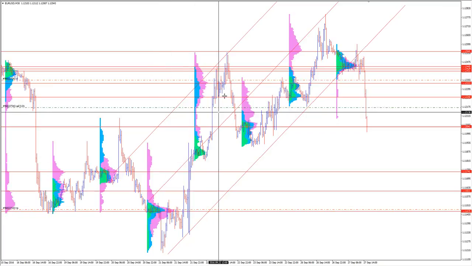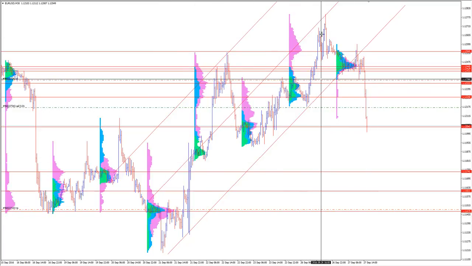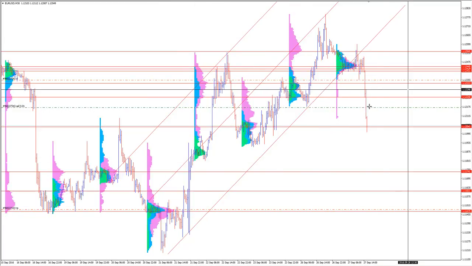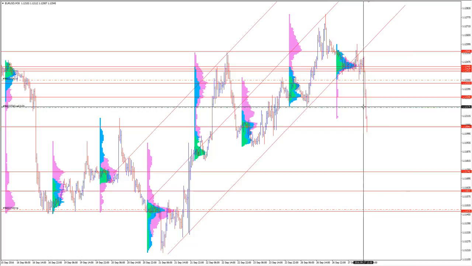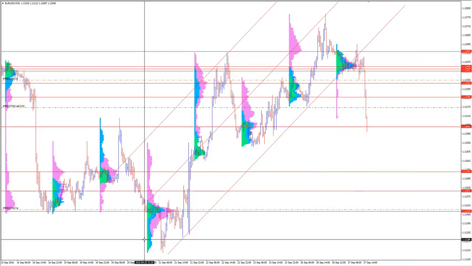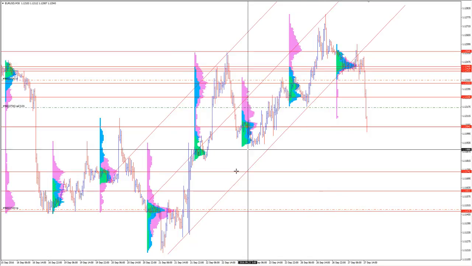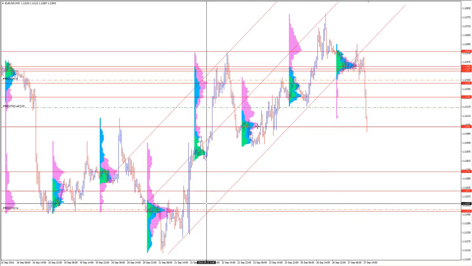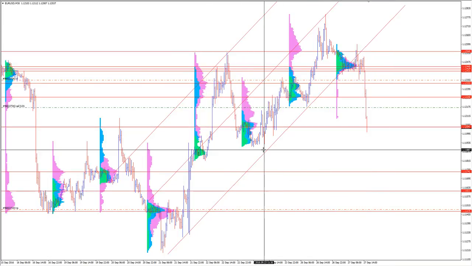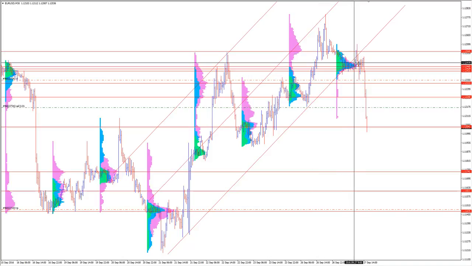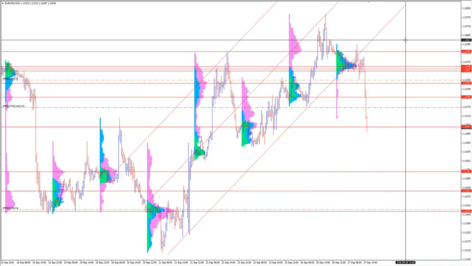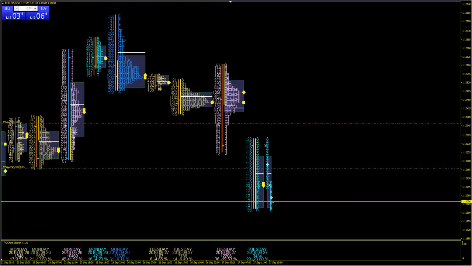Here I have the price action and how the price actually traded. You can clearly see we broke the strong upward trend channel, the upward trend line, and the sellers came in.